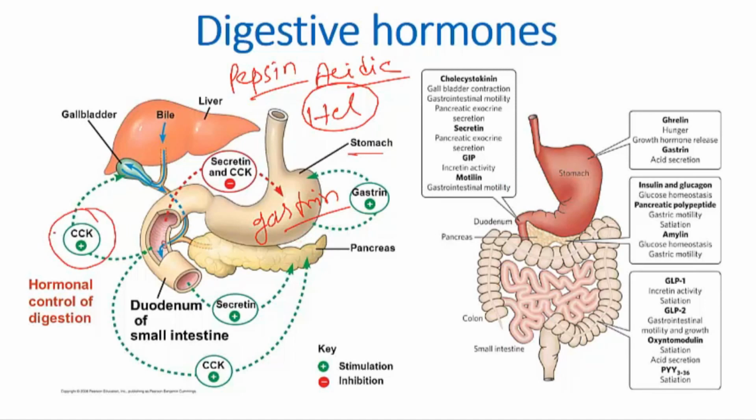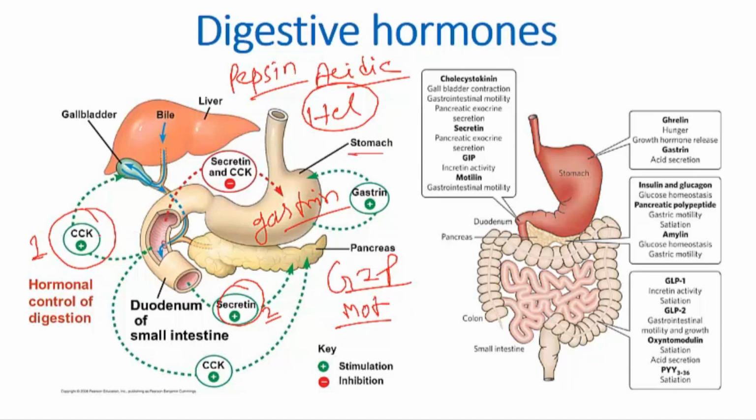Cholecystokinin, or CCK, is one of the examples. Then secretin, and also GIP, or glucose dependent insulinotropic peptide, which is not shown here. Let me write GIP. And motilin, or MOT, is another type of hormone that is required, which is also not listed there.